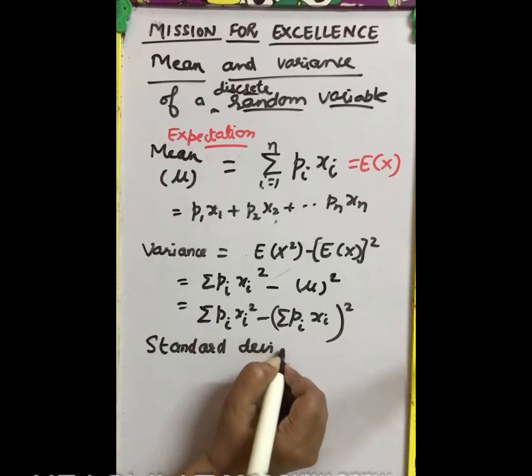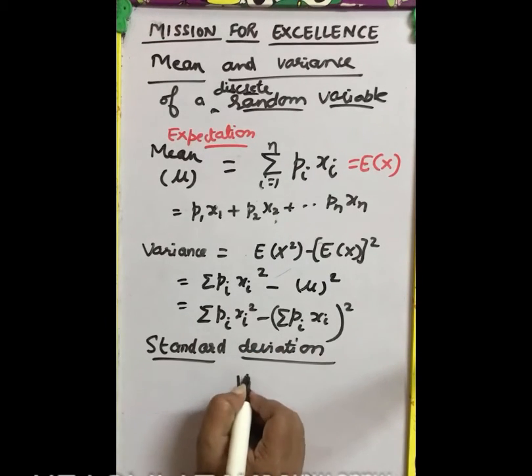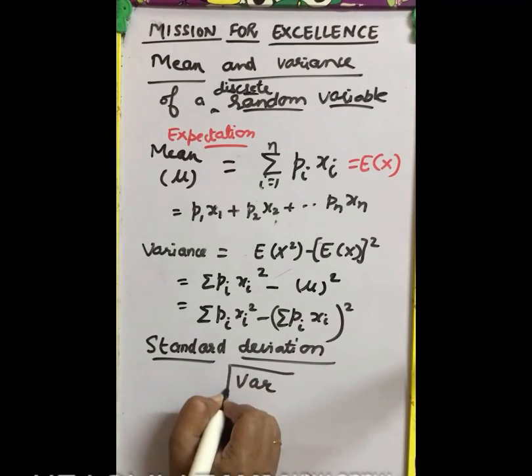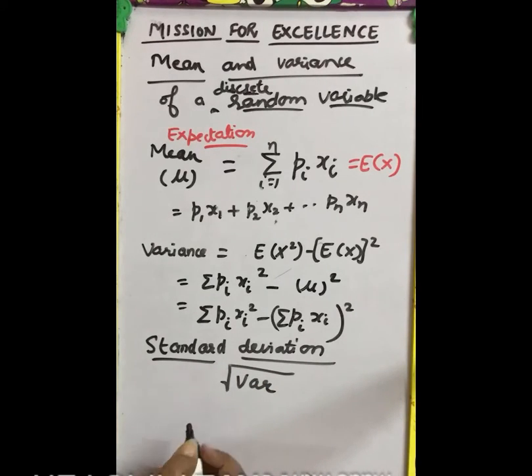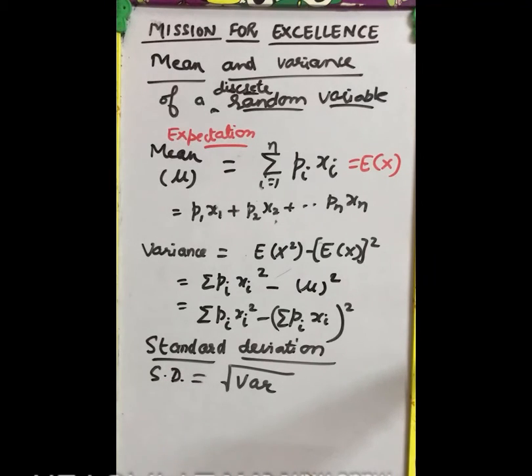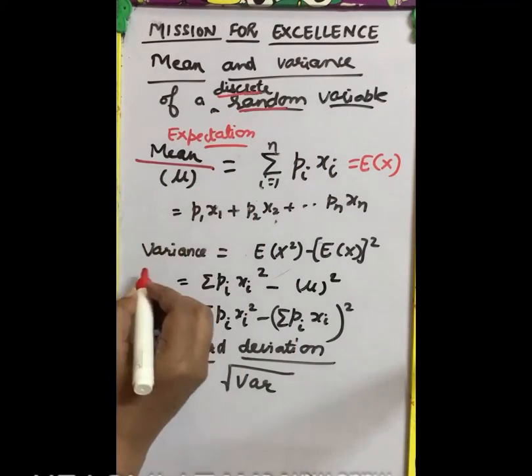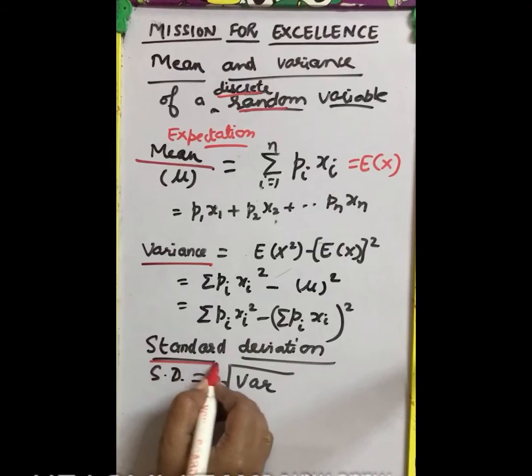First you have to calculate the variance, and then its under root is known as standard deviation. So these are the three formulas which we use in case of discrete random variables. So this is mean, variance and standard deviation.